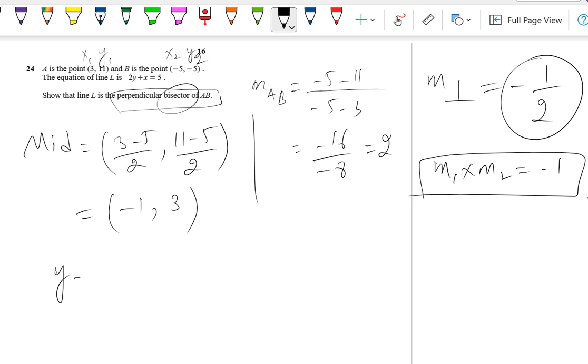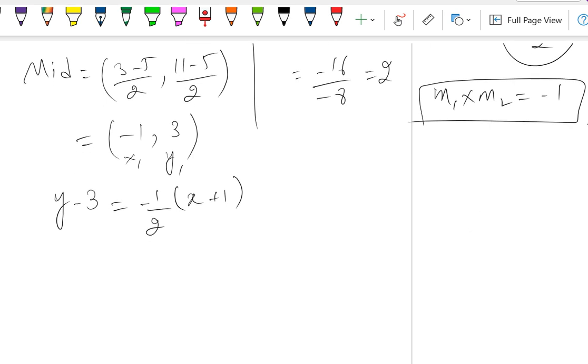Y minus y1. Now this is your new x1 and y1 because the line that is a perpendicular bisector will pass through the midpoint. So we will use the coordinates of the midpoint over here. Gradient is minus 1 by 2, x minus x1, double minus, so it will be plus.